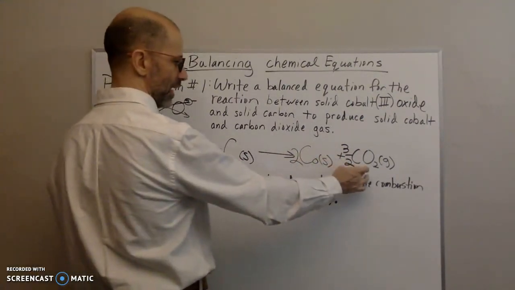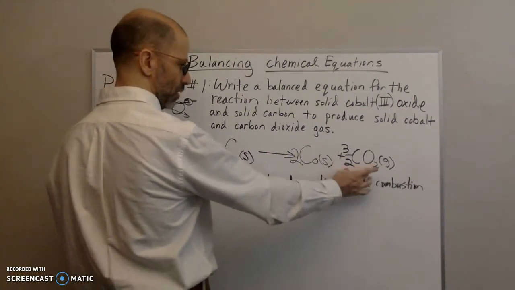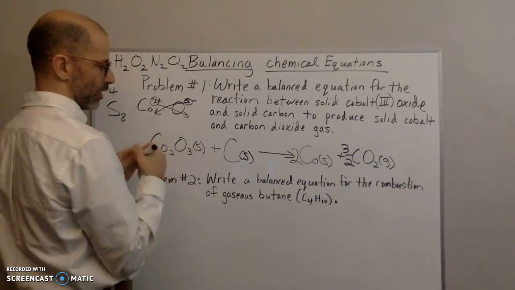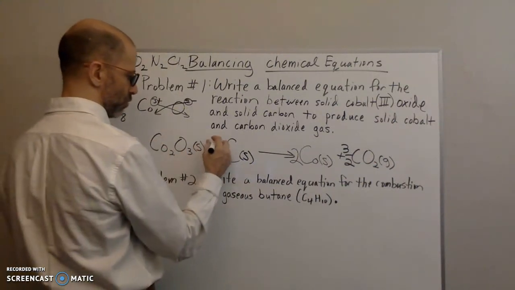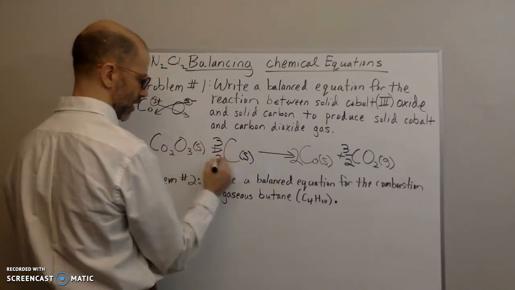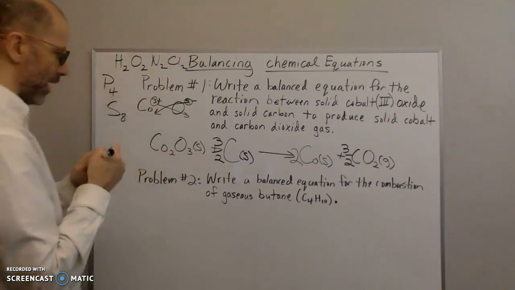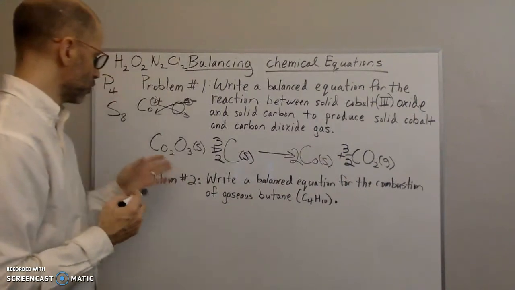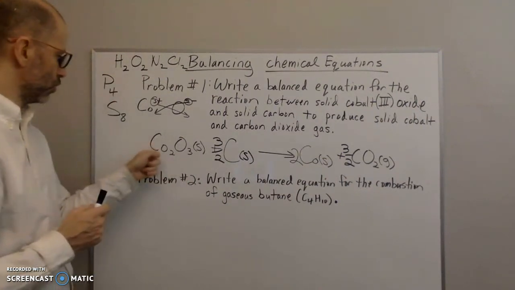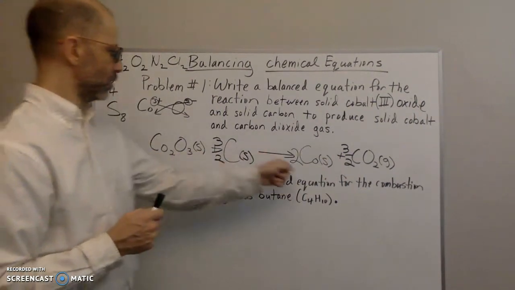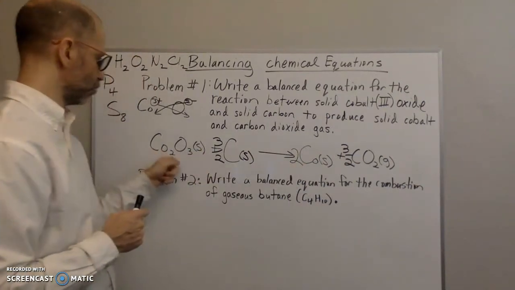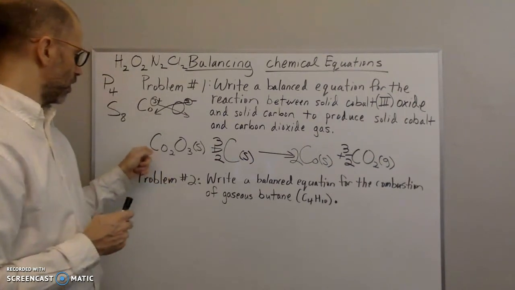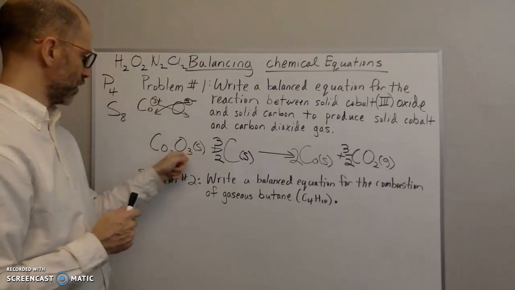So here you can see that I have 3/2 carbon, and I have 1 carbon here. So what I can do is put a 3/2 here. Now I have 3/2 carbon and 3/2 carbon. So now I can double check. I have 2 cobalt, 2 cobalt. So 1 times 2 is 2. 2 times 1 is 2. 1 times 3 is 3.